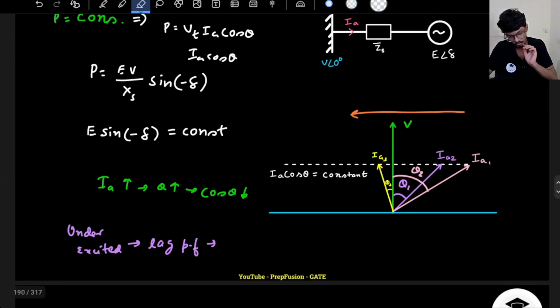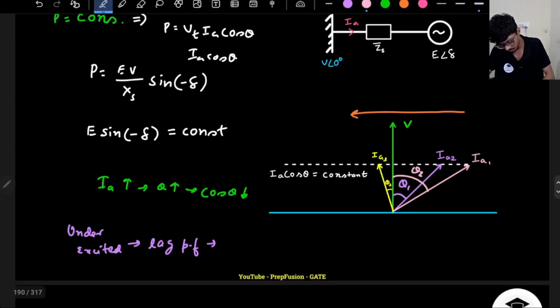So let's come to conclusions. If my excitation is 0, that means the synchronous machine is operating at lagging power factor. As I increase my excitation from lagging, slowly the power factor will increase because the flux inside it is increasing, so the power factor will improve.